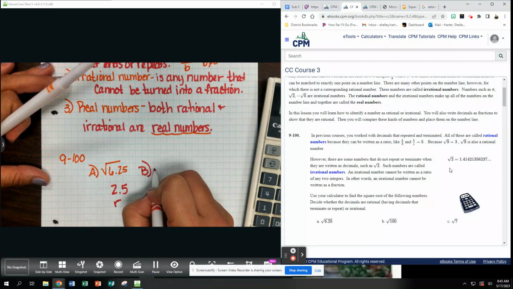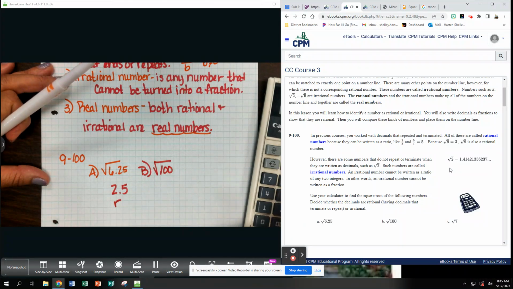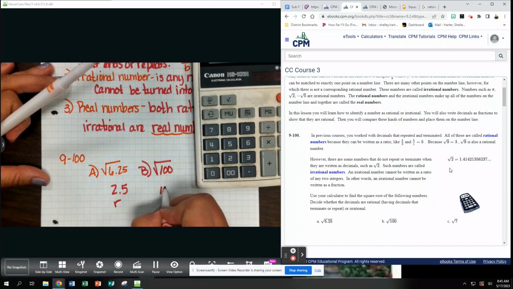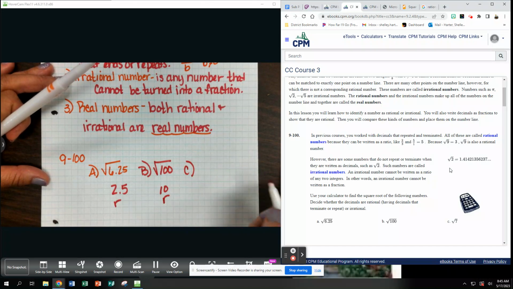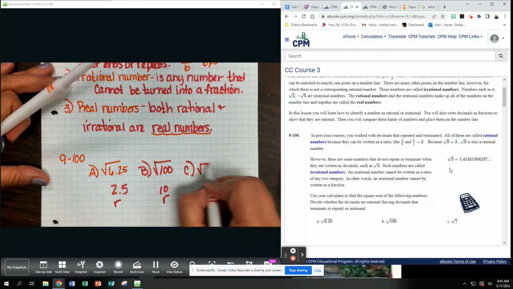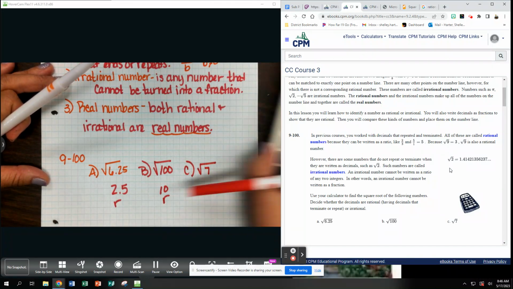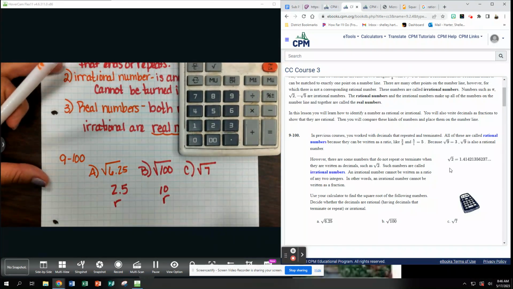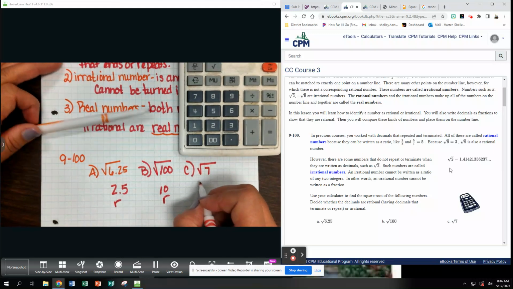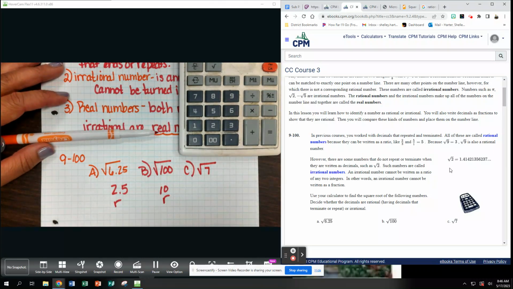B is radical 100. We know automatically that this is 10. So this is a rational number. Let's take a look at C. C is radical 7. If we come over here and go 7 radical, this is an irrational number.